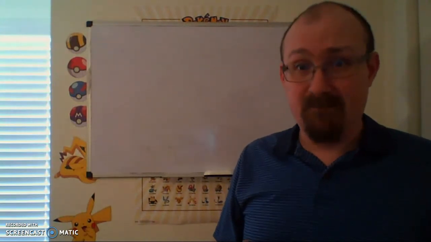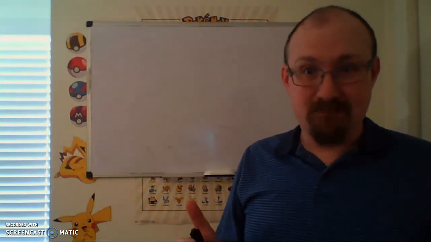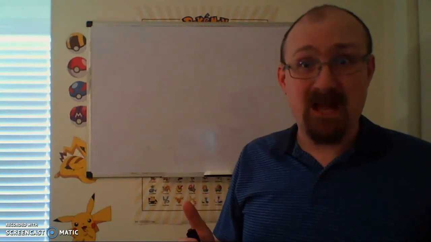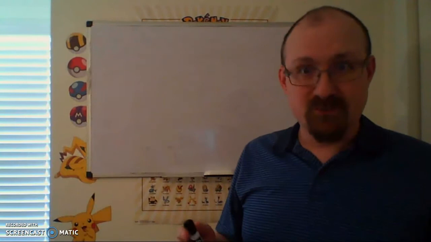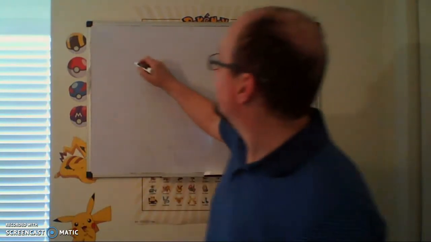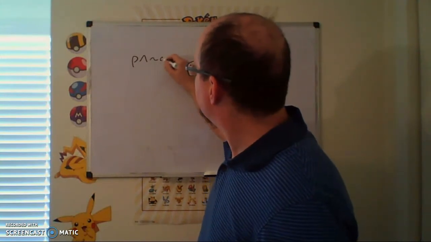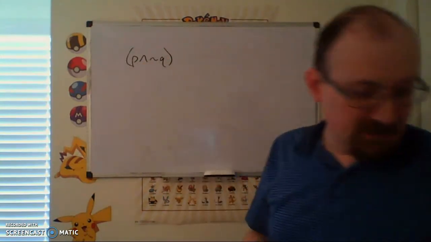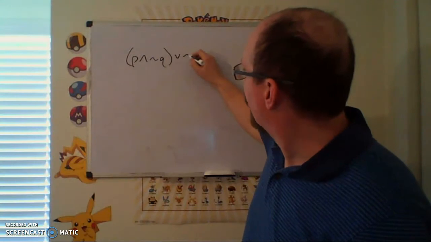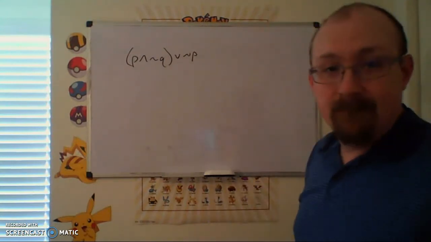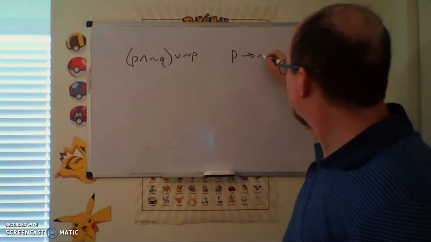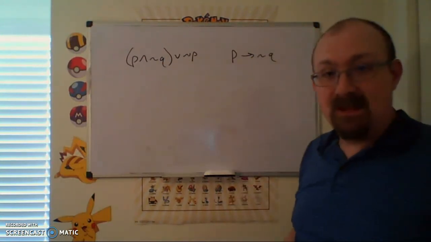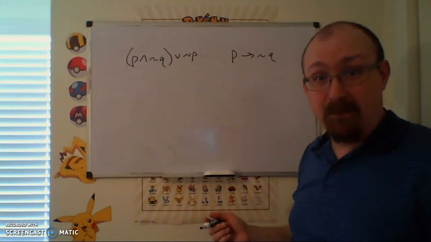You'll remember a couple of videos back, I did some two simple statement truth tables, and we saw the final column of each of those worked out as false, true, true, true. So those two, as it turns out, are in fact logically equivalent. Writing those down, we had P and not Q, or not P. On the other hand, we had P implies not Q, and it turned out those truth tables matched up when it was all said and done.